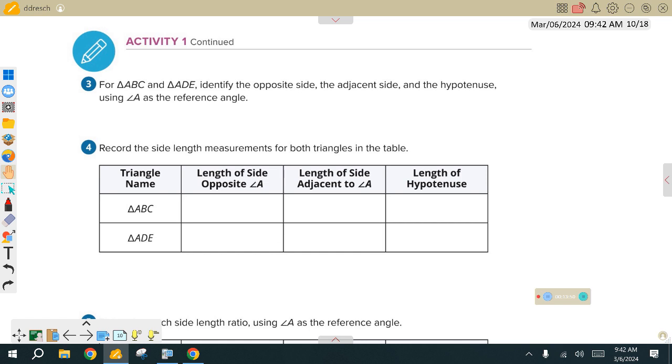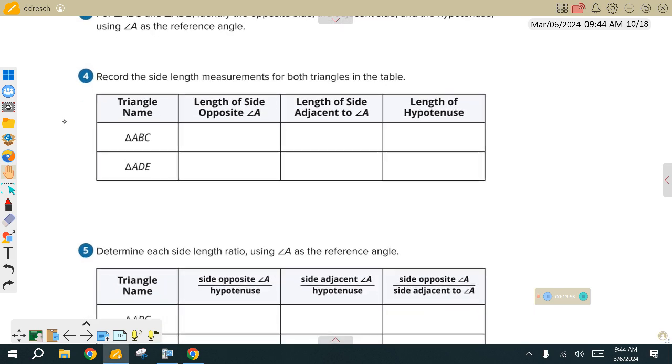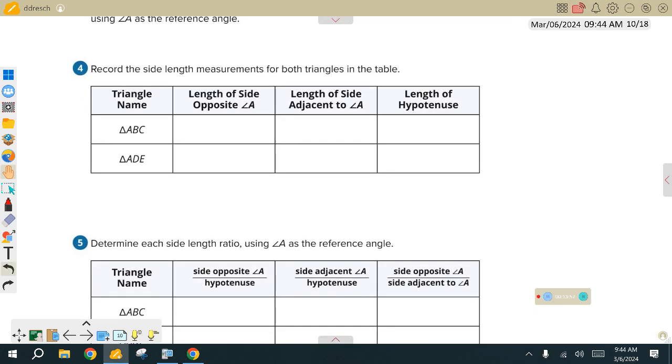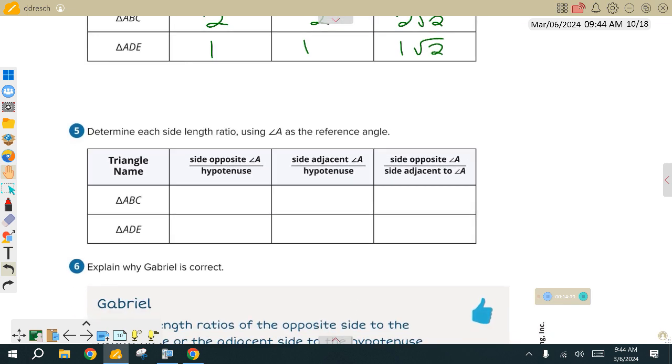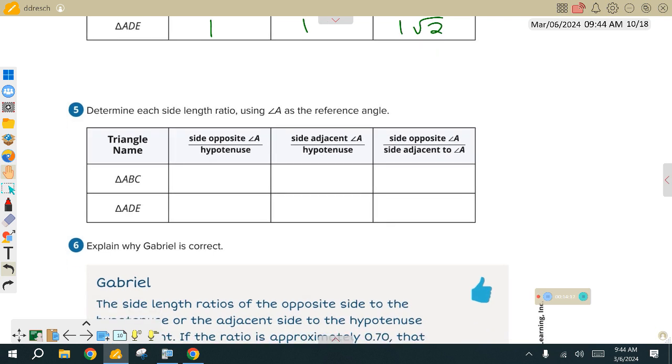So run it across. What's somebody got for that top row? Next one, run it across. As I was walking through, some of you already started jumping down to the bottom one. Go ahead, fill it out, you and your buddy.